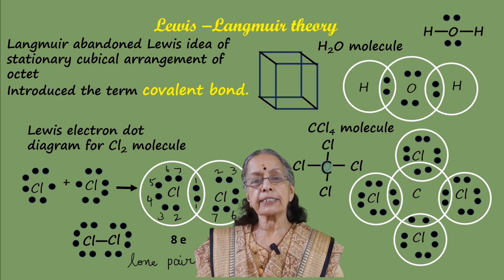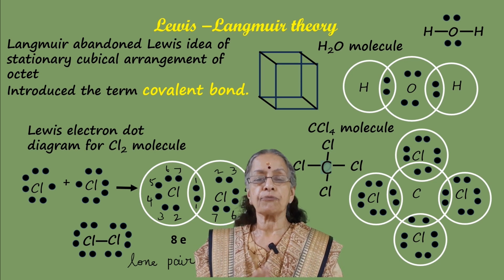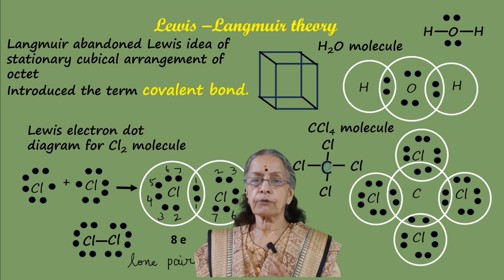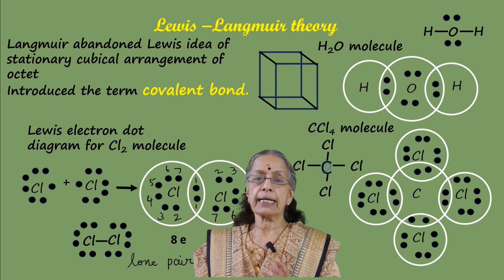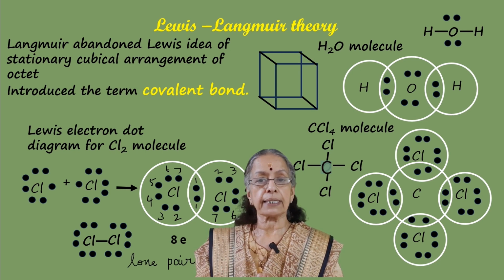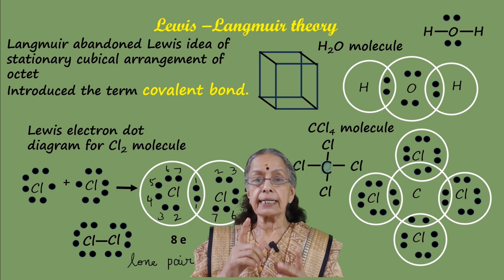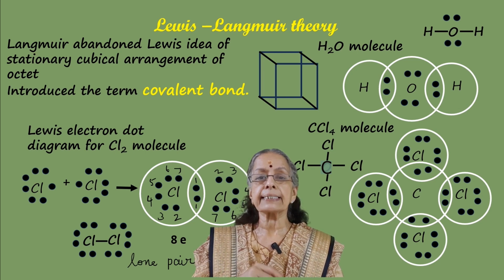Now, what are the points to be remembered when we draw electron dot diagram of molecules? The first and foremost thing is we have to ascertain which atom is the central atom. What is the procedure that is followed? We consider the electronegativity of the participating atoms. The atom with the least electronegativity will be the central atom and the other atoms will be placed around it.